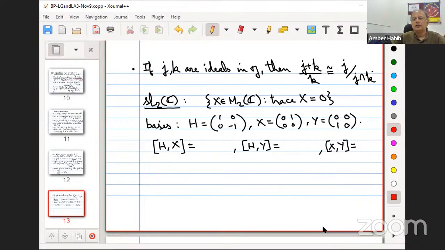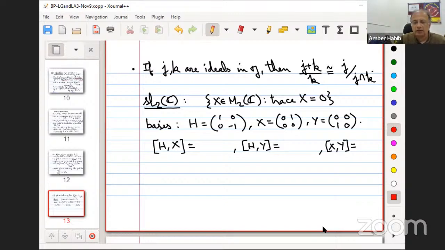Now since every Lie algebra element is a linear combination of these three, and the bracket is bilinear, if I understand the bracket relations between these three, then in principle I have understood the overall bracket completely. And the bracket of anything with itself is always 0, so I don't even bother to look at it. So there are three brackets that I should understand: H with X, H with Y, and X with Y.